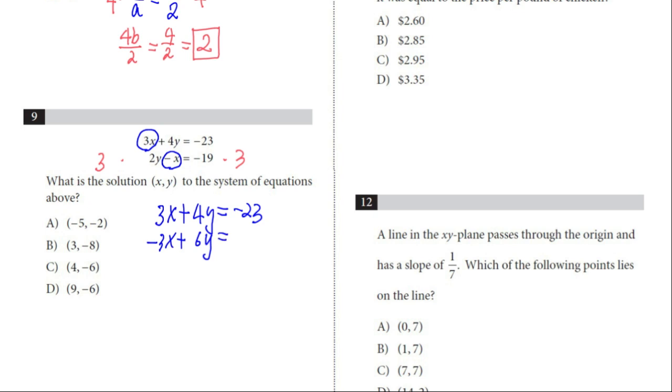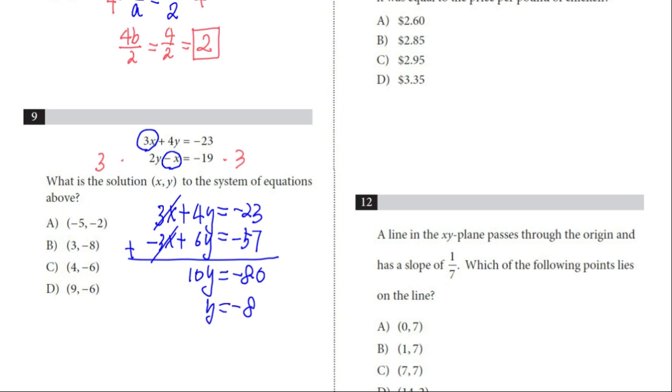Now, 3 times negative 19 will be negative 57, right? So if you add these two things, this part will be cancelled out. Now you have 10y equals negative 80. If you divide both sides by 10, y equals negative 8.